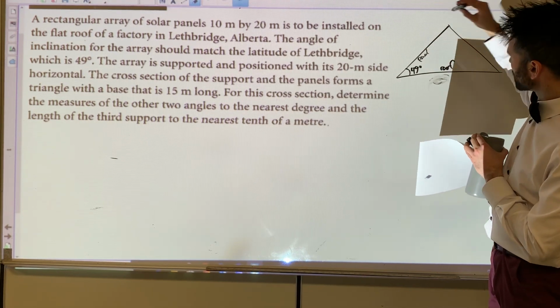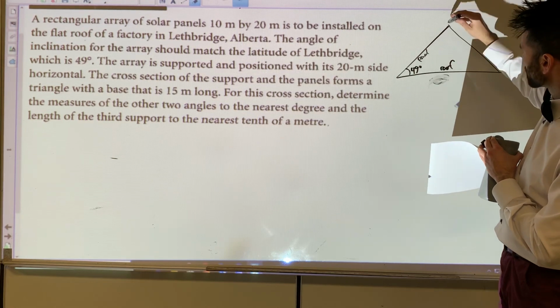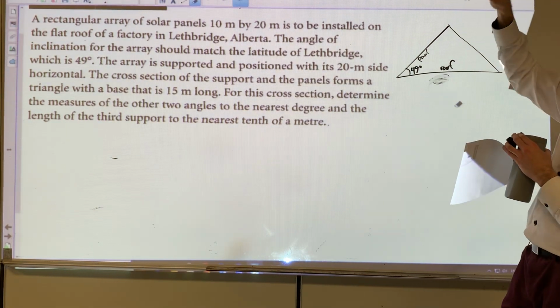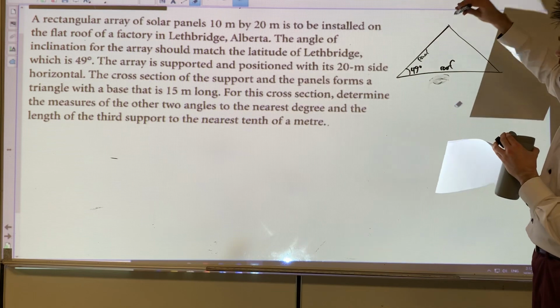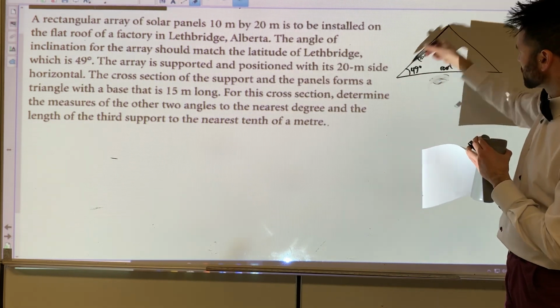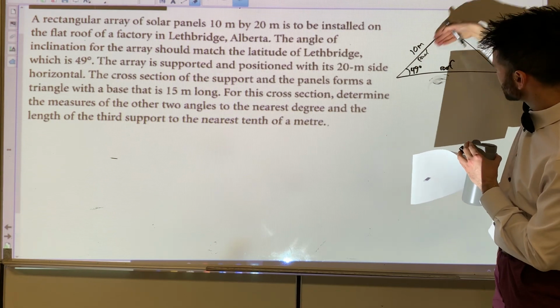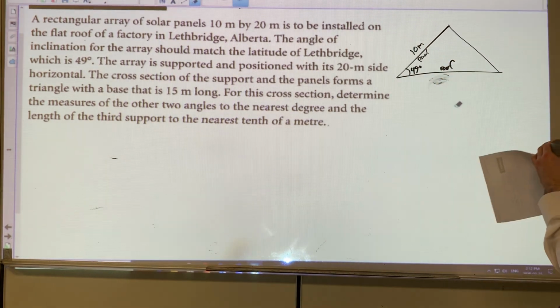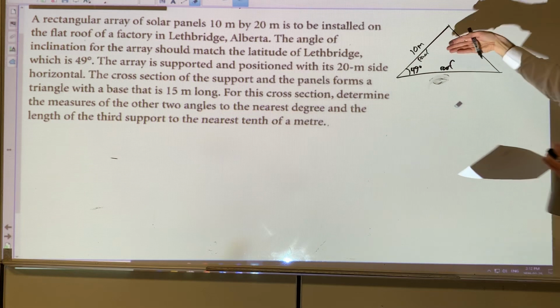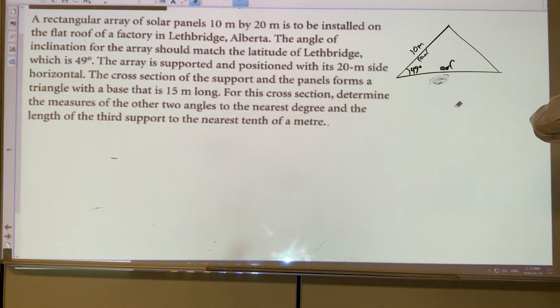In my mind, the horizontal would be coming out at you like this, so this is 20 meters. So this should be 10 meters, the side of the panel that's 10 meters long, and then it's 20 meters this way, and you have these big triangle things holding them up.